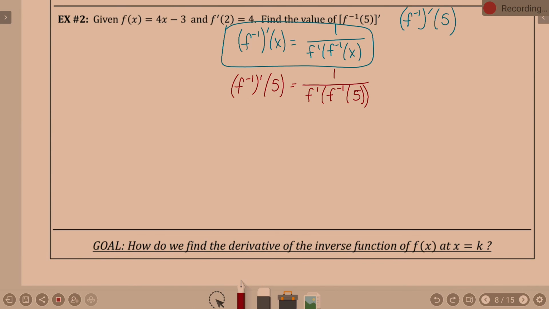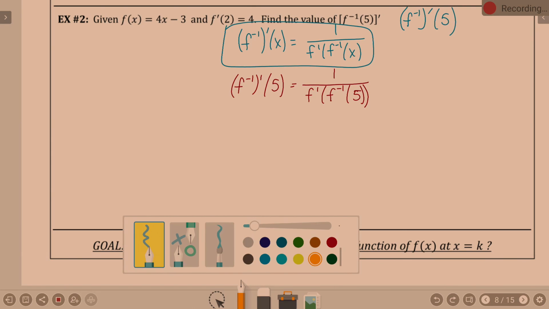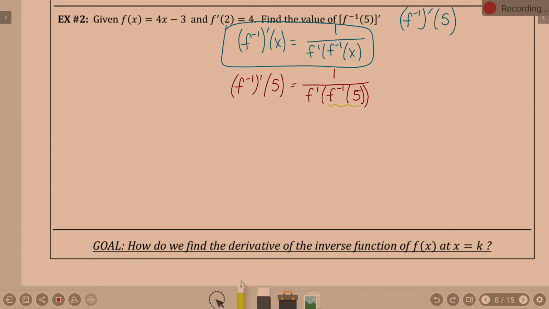So we need to start on the inside. When you see a bunch of parentheses, we know to start inside out. So we need to know f inverse of 5. When you think f inverse of 5 equals something, what is that in terms of f?